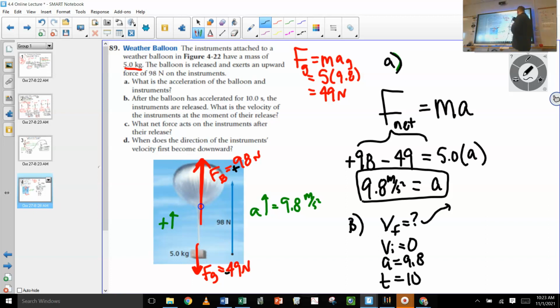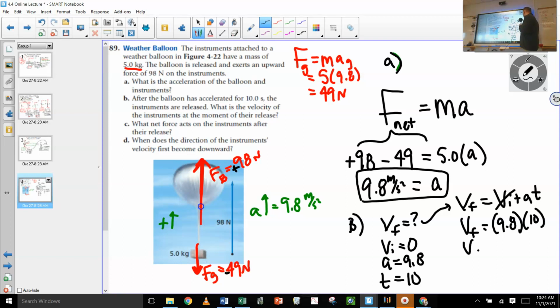So you can see we're maybe going to plug it into one of these equations. Vf equals Vi plus At. Final velocity unknown. Initial velocity is 0. 9.8 times 10 is 98. So how fast is it going? 98 meters per second in that direction away from Earth.